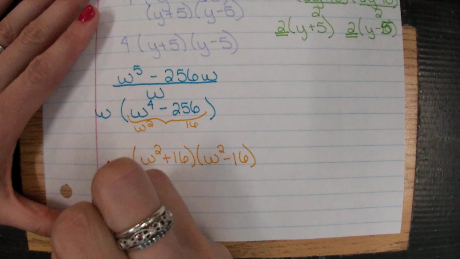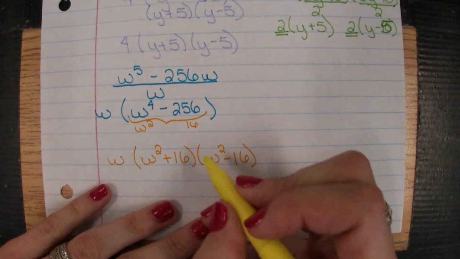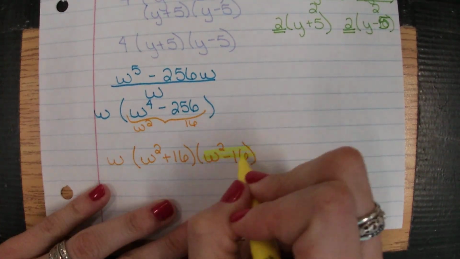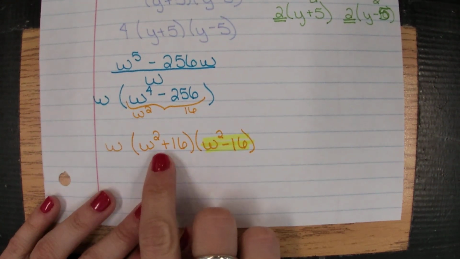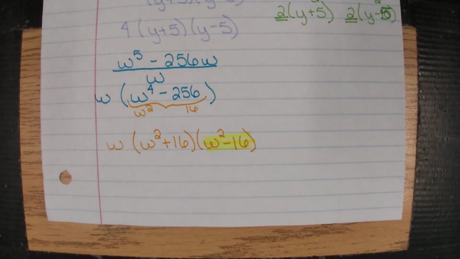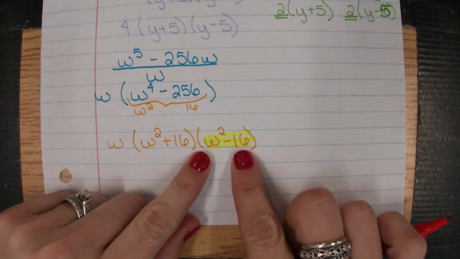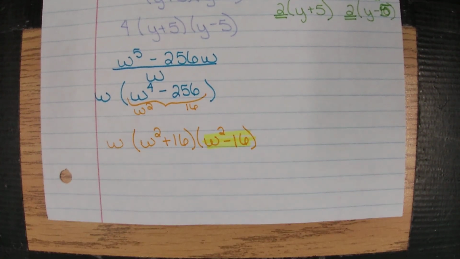Okay, we still need to include that GCF in front. Now here's where you're all going to be like, oh, Mrs. McKinney, we are not done yet. Because if we look over here on the right, that's a special case too, right? This one is not a special case because it has an addition sign, but this one here is because it's 2 terms, it's subtraction, and these are both perfect squares.